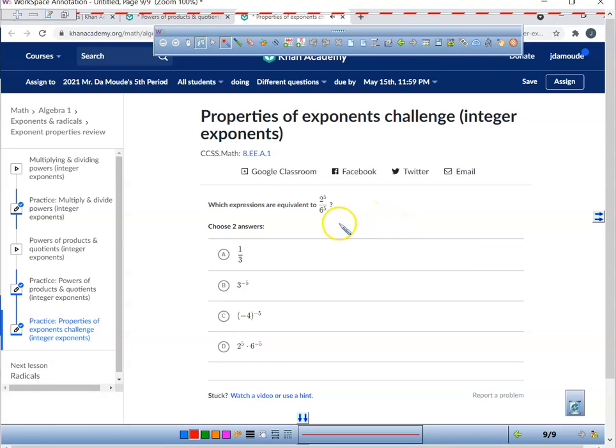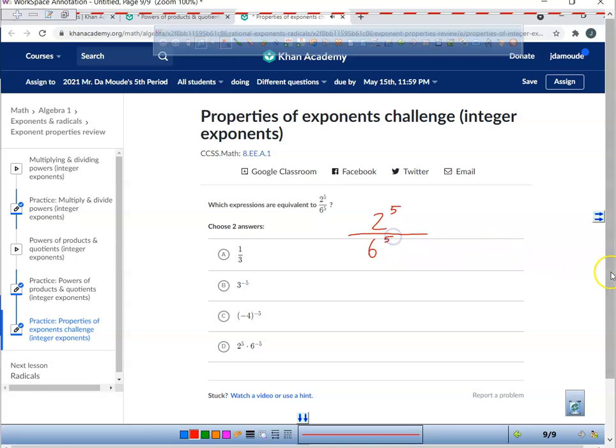Now, this one's a little bit tricky, okay? Because we have 2 to the power of 5 over 6 to the power of 5, so we have to kind of break things down. Does anybody know what 2 to the power of 5 actually equals? It equals 2 times 2 times 2 times 2 times 2.